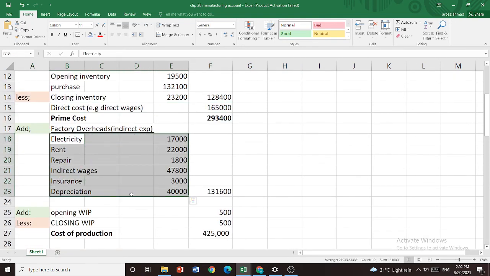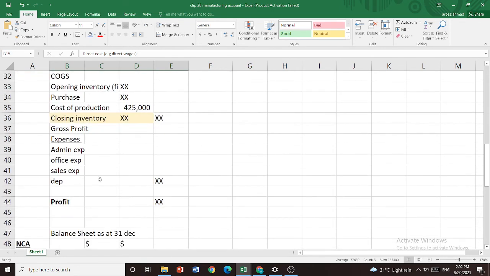General means it is not related to anything. Now here we have only expenses that are related to whatever we are making, but here we have all other expenses. So general expense is going to be in the income statement. Indirect wages and salaries, manufacturing account.